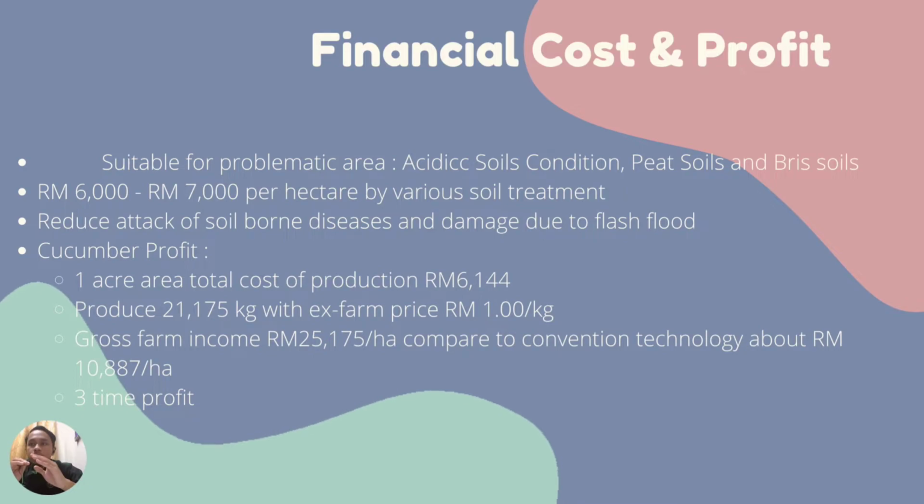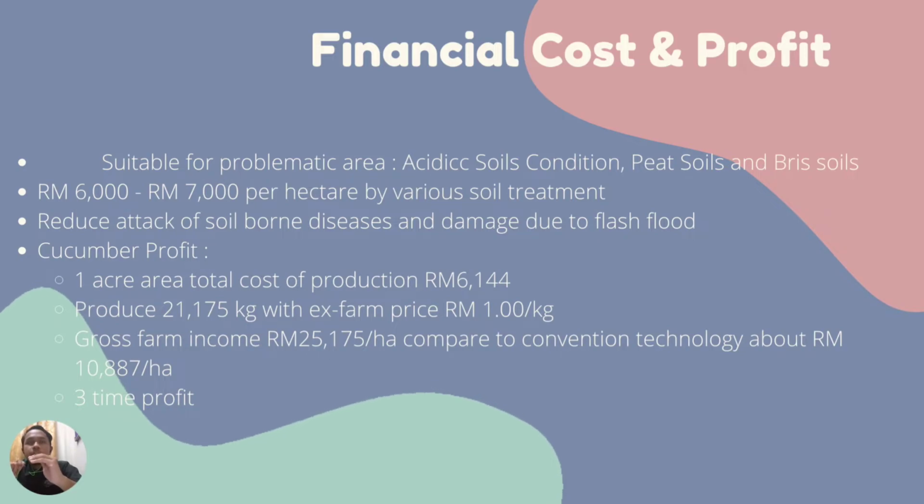Gross farm income is calculated at RM25,175 compared to conventional technology about RM10,885 per hectare. So, as I mentioned earlier, this technology is able to ensure 3 times profit to the farmers.